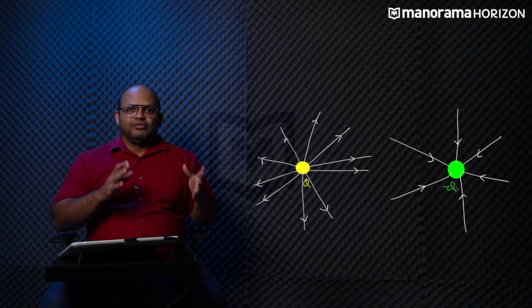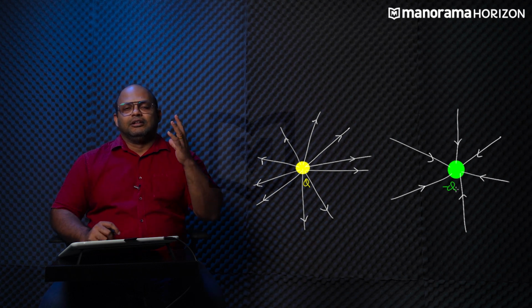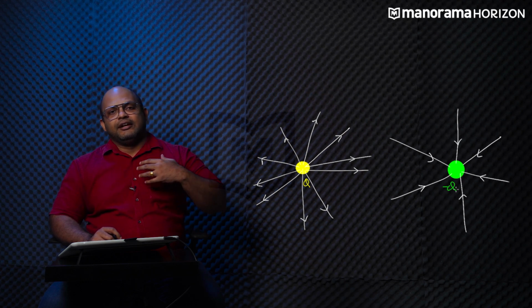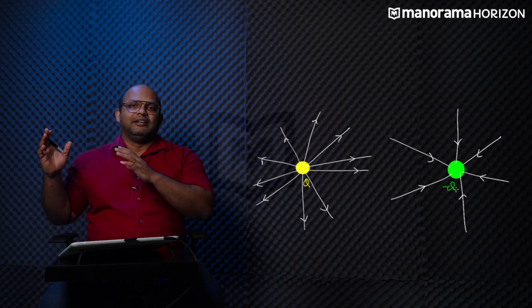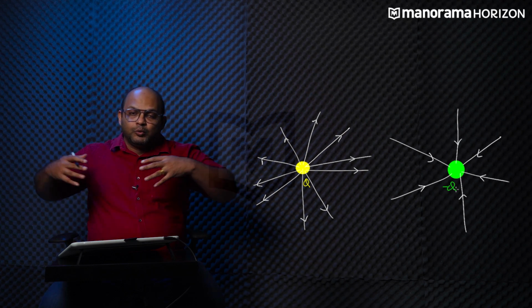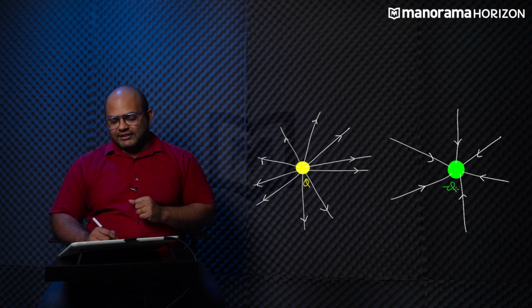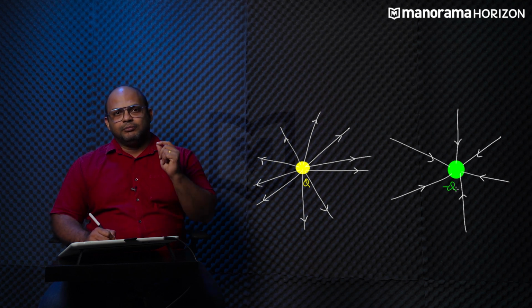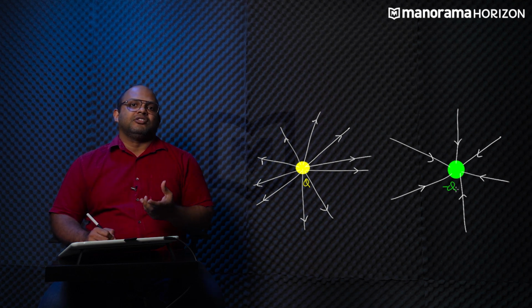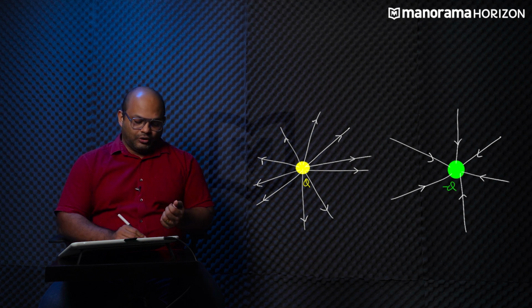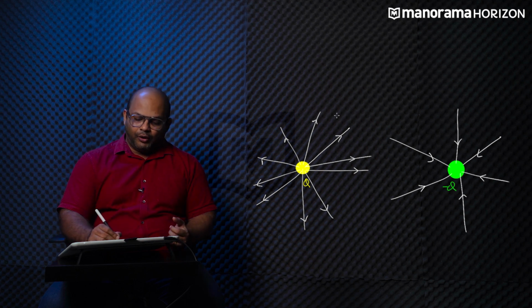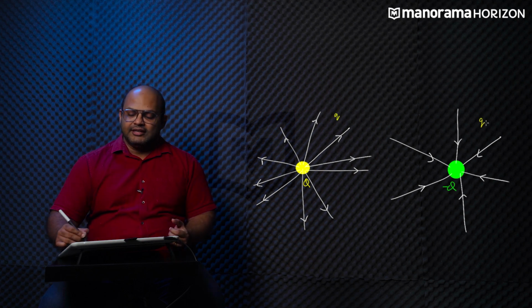So what is the reason that we follow this convention, that the positive electrical field lines radiate outwards from the charge while the negative field lines radiate towards the charge? The reason for this is that we consider both of these electrical field line distributions in the context of a tiny positive charge placed in these regions.